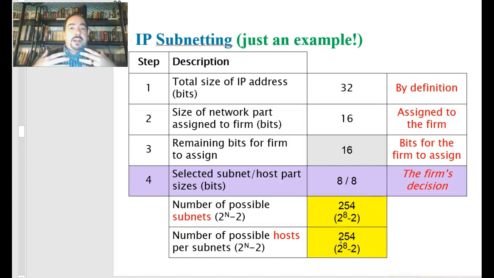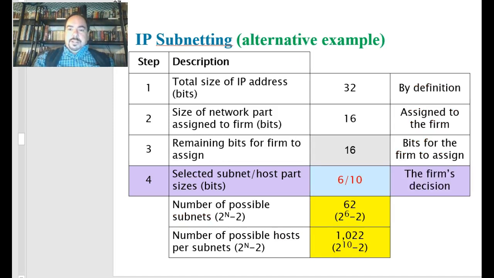I don't know. Am I going to have 254? Do I need 254 different subnets? Maybe, maybe not. You always want to plan for growth. Let's look at a different example. Let's say, okay, I've still got my 16 bits that I can play with within the firm. But let's say I want fewer subnets and have more hosts per subnet.